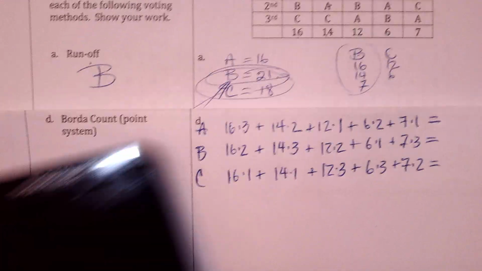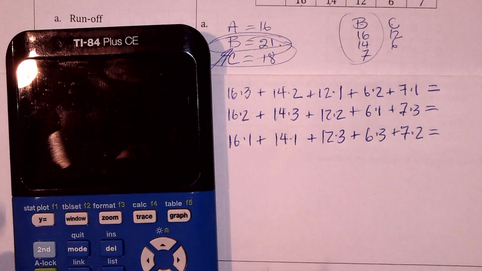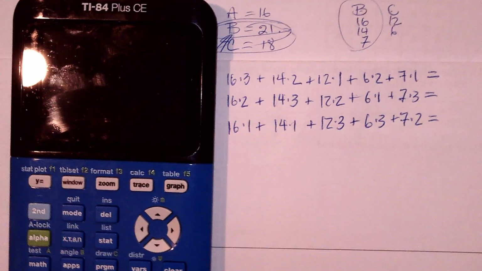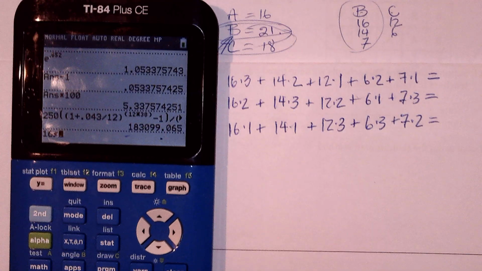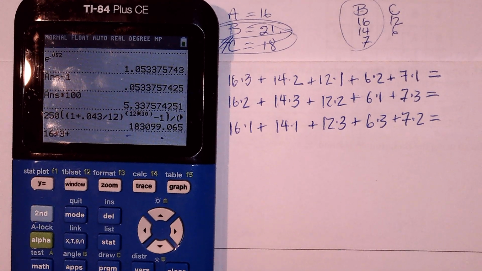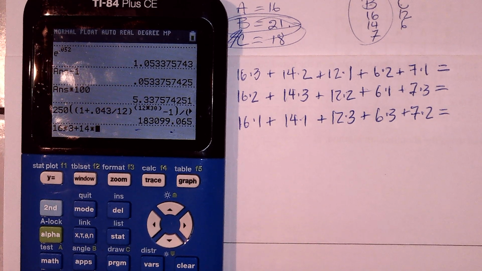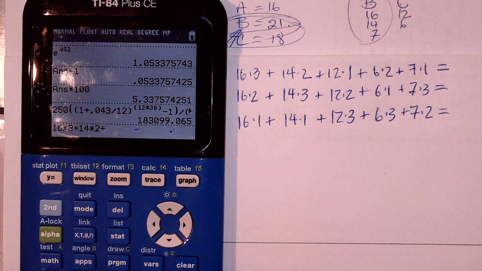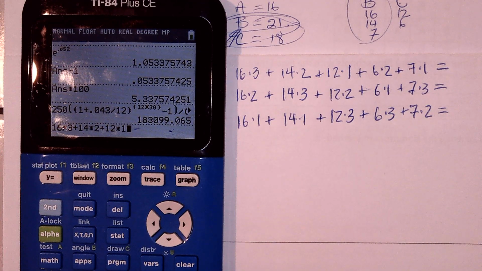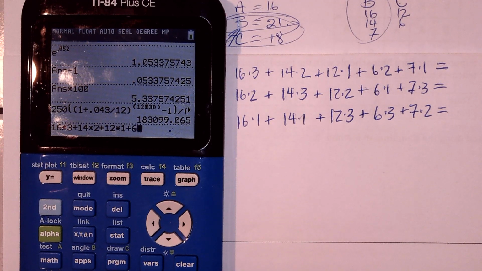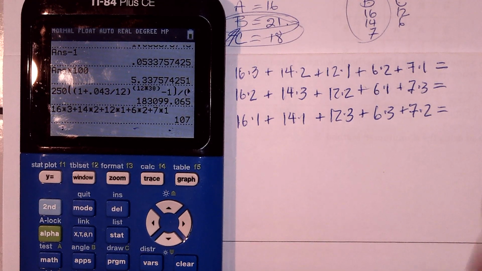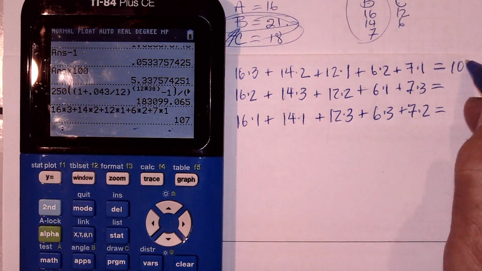So this is just a matter of typing these in and getting it. So 16 times 3 plus 14 times 2 plus 12 times 1 plus 6 times 2 plus 7 times 1 is 107.